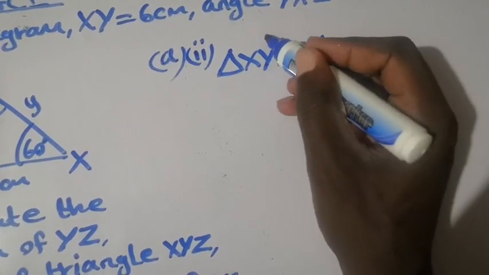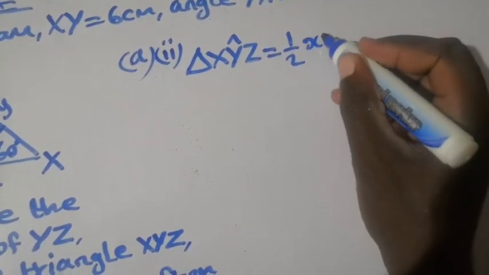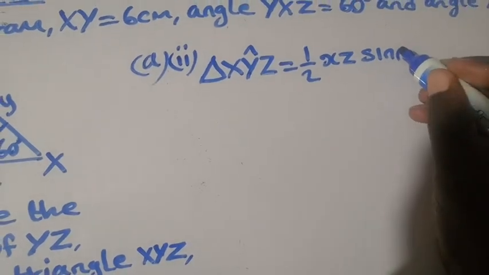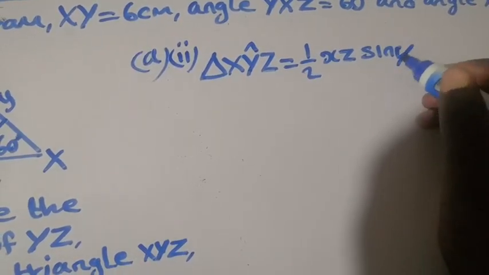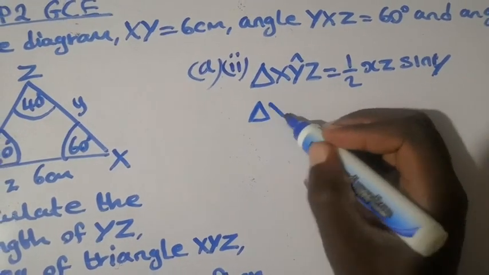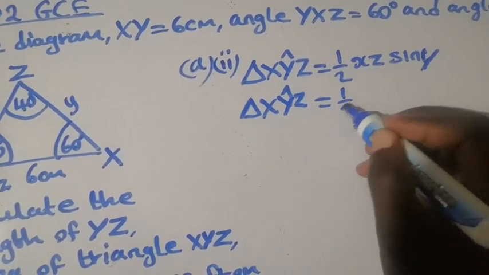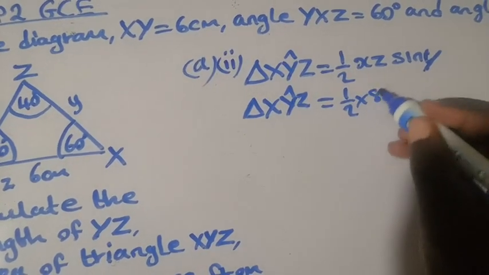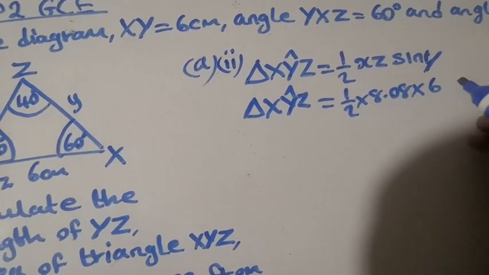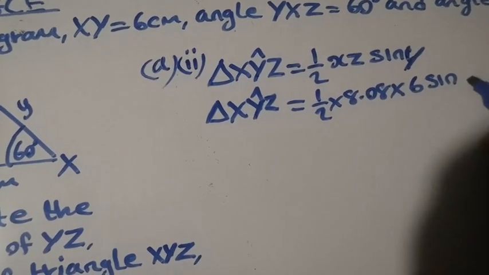Our selected angle here is Y, so the sides adjacent to it are XY and YZ, and theta is capital Y. So the area of triangle XYZ will be equal to half times YZ, it's 8.08, times XY, it's 6, sine of our angle, 80 degrees.